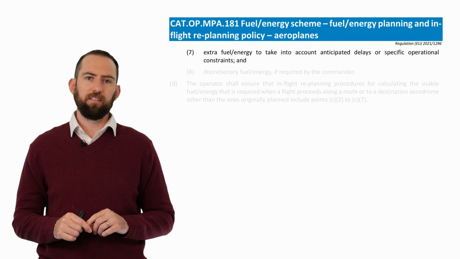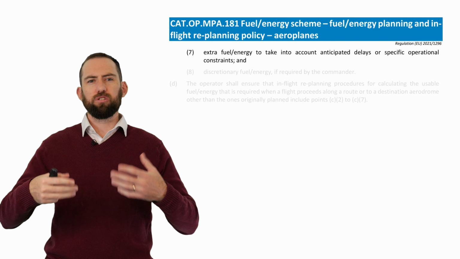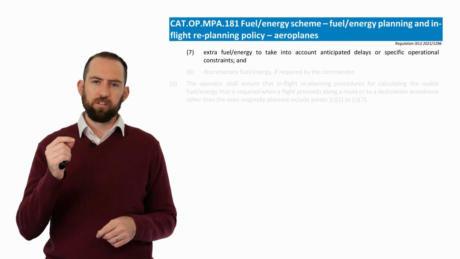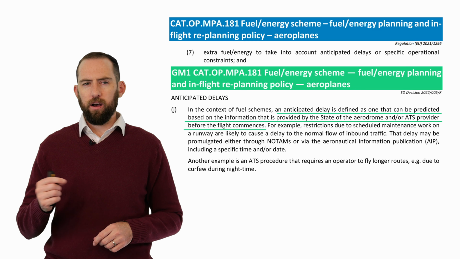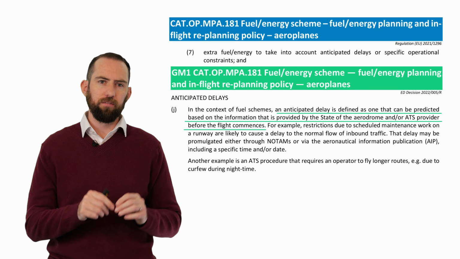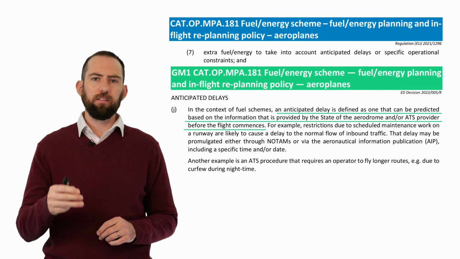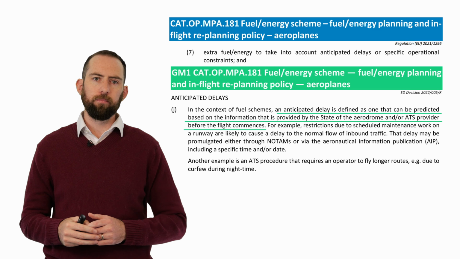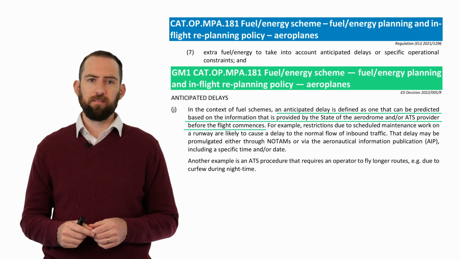Extra fuel is the next category. This is the category we use to add in fuel to account for anticipated delays or specific operational constraints. Now, I've explained in a previous video what an anticipated delay is, but let's quickly revisit it. So this is one that can be predicted based on information that is provided by the state of the aerodrome and/or an air traffic service provider before the flight commences.